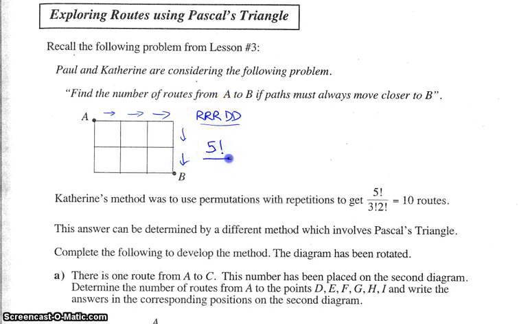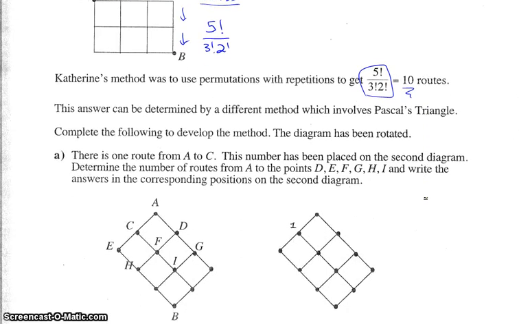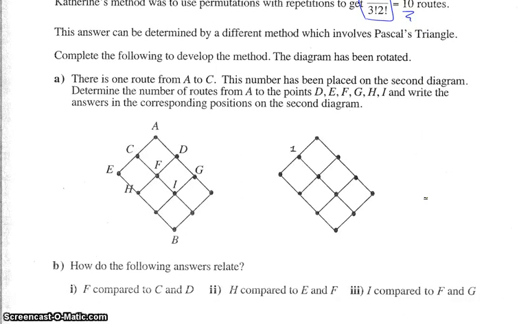So 5 factorial ways of rearranging that 5-letter word, and then dividing by the repeats, 3 factorial, 2 factorial, and she had gotten 10 routes. Hopefully you remember that. Now, it can be done in a different way as well, and that's where Pascal's triangle comes in. So let's go down here and look at that.